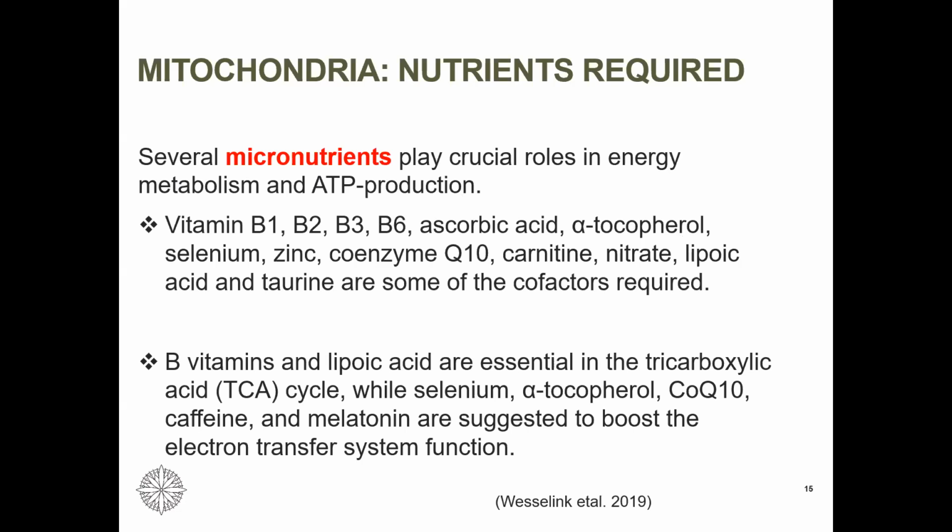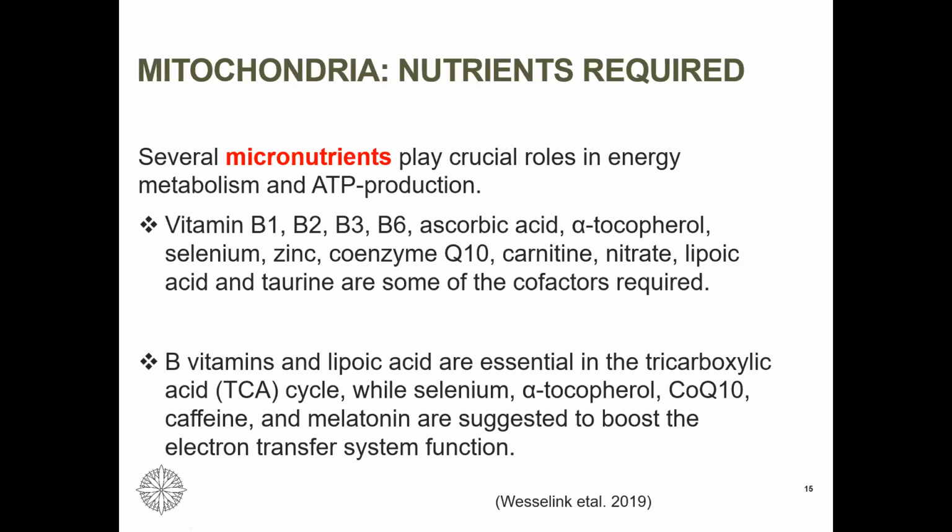Most of the nutrients listed in the first dot points are those that support the TCA cycle. Your B vitamins, carnitine, lipoic acid, alpha tocopherol, that is vitamin E, because it is so important to prevent oxidative damage to the phospholipid layer.